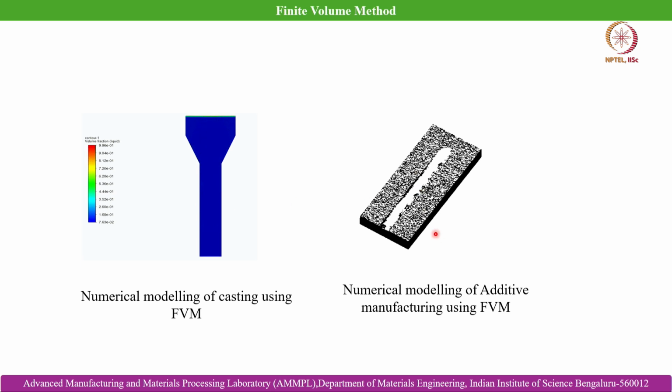And then this is the problem which was shown before, shown again for your ease of understanding, that is the solidification transport phenomena in case of a single track build of an additive manufactured sample, which in this case was considered as titanium alloy powder.